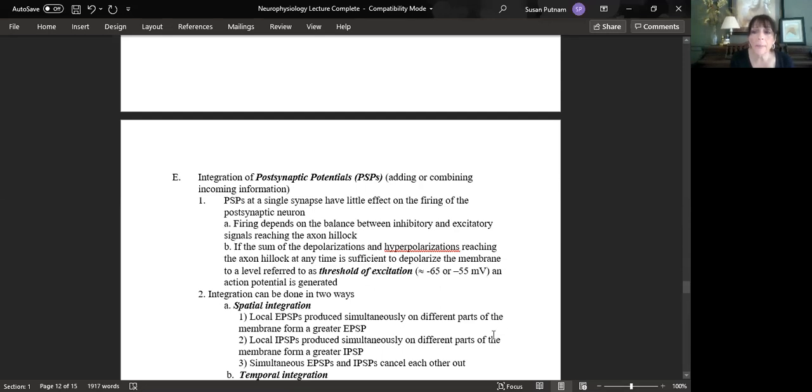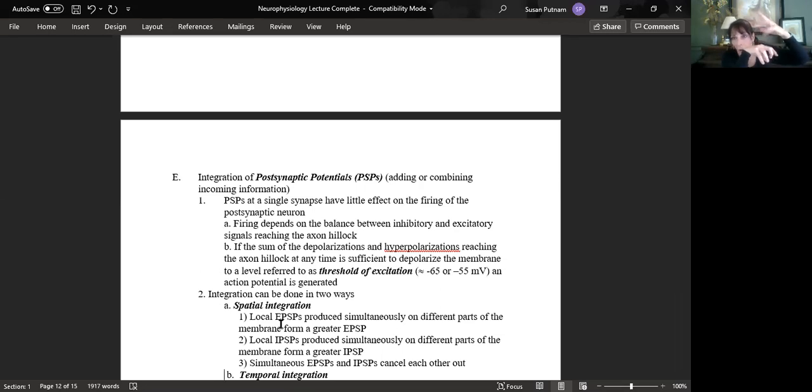Now, this integration can be done in a couple of different ways. First off, we can have spatial integration. If we have local EPSPs produced simultaneously on different parts of the membrane, you'll get a greater EPSP. Here are a lot of different synapses on the cell body and dendrites of the postsynaptic neuron.